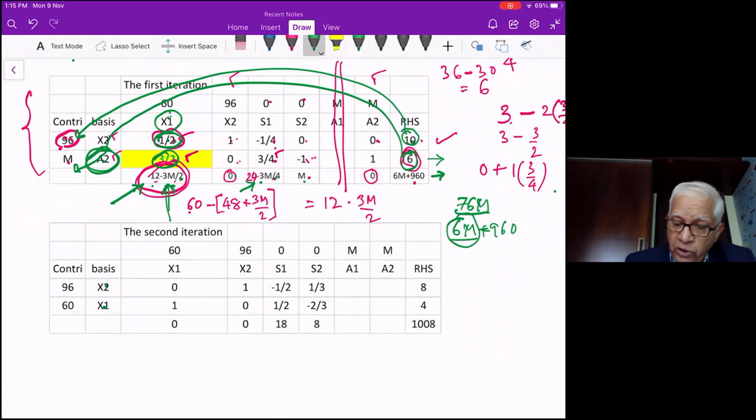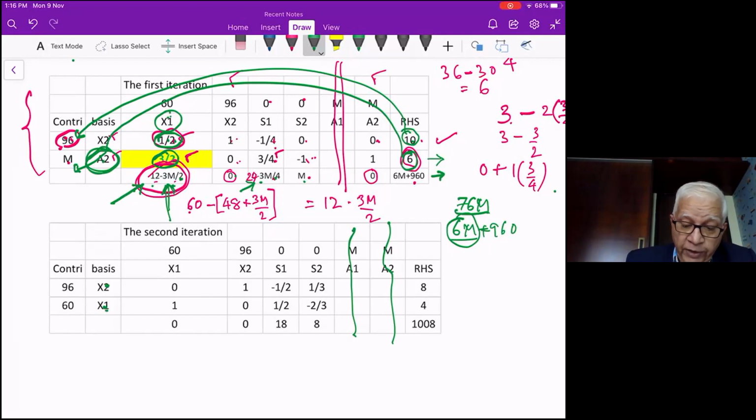Just as we dropped the A1 column previously, I am dropping the A2 column right now. A1 and A2 columns are like crutches. The second crutch is also removed, because we are able to walk on our own. Therefore, we have in the basis column X2 and X1.